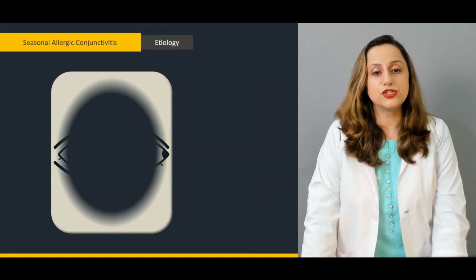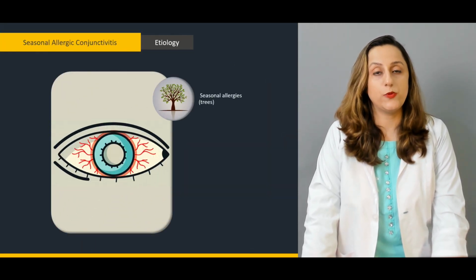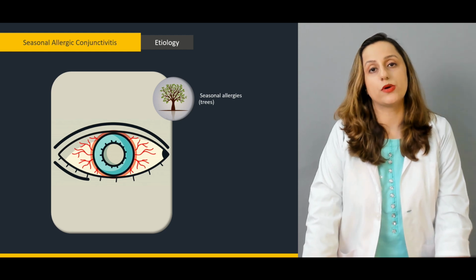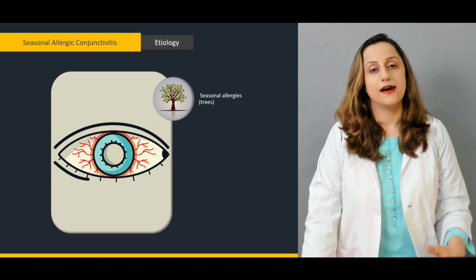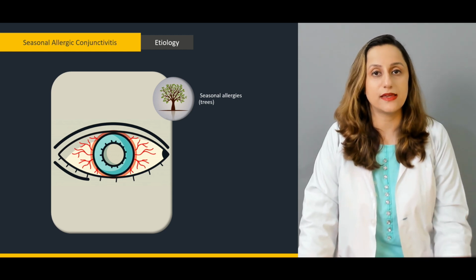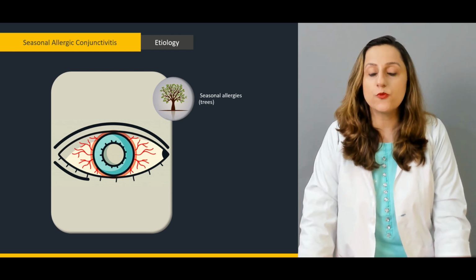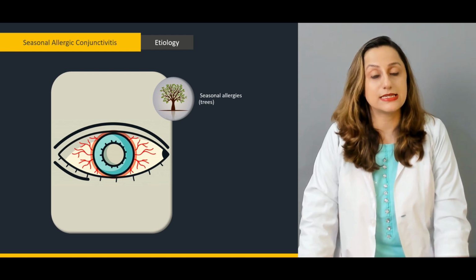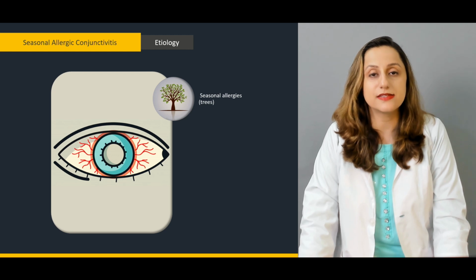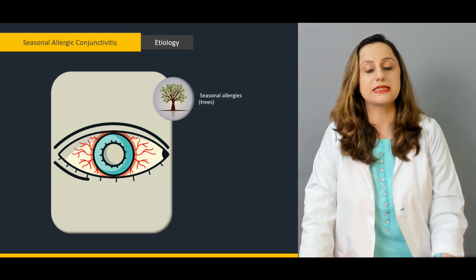When we look at the etiology, the underlying factors responsible for the development of seasonal allergic conjunctivitis, what are the triggering factors? It's usually the seasonal allergies.